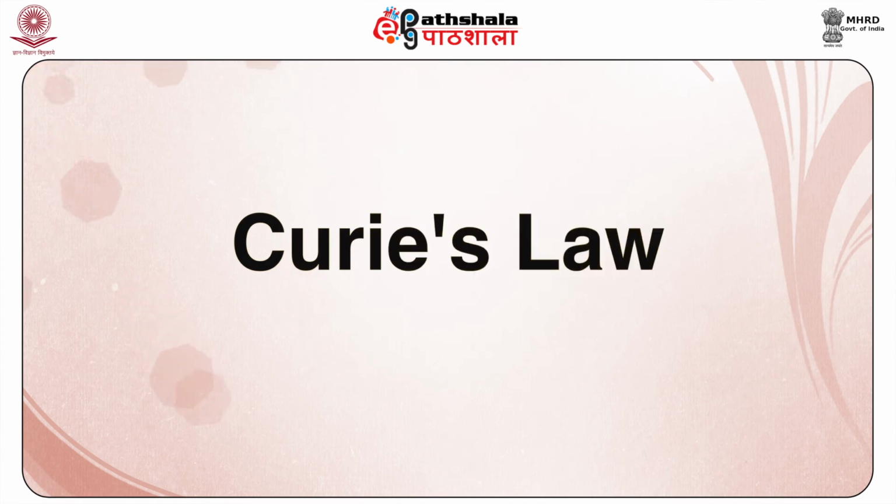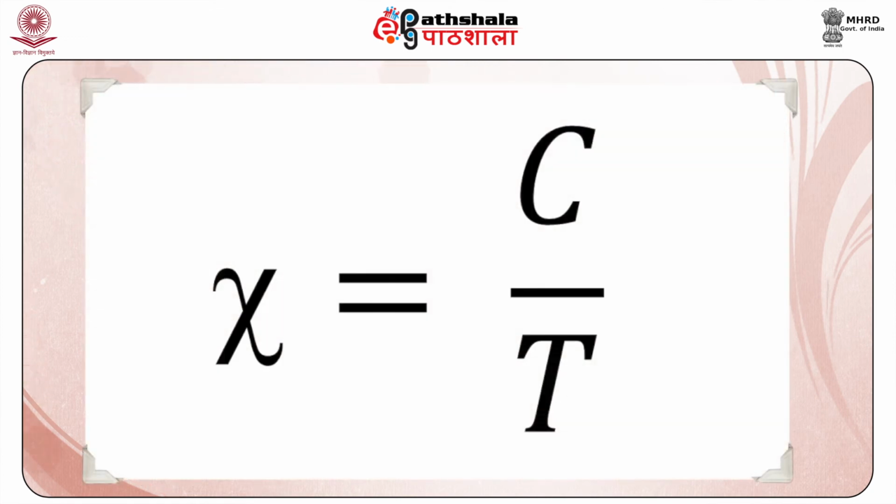Curie's law. The magnetic susceptibility equation may be expressed in the form χ = C/T. The relation is known as Curie's law, where C is the Curie's constant and is characteristic of a paramagnetic substance.